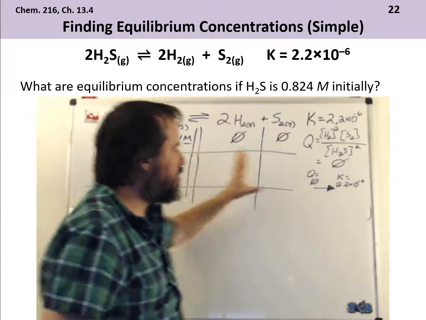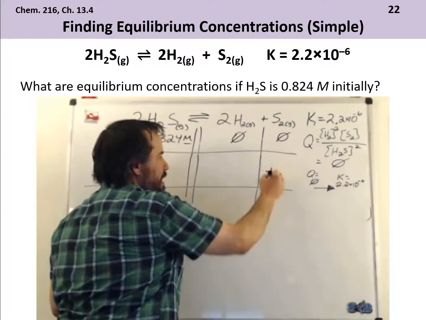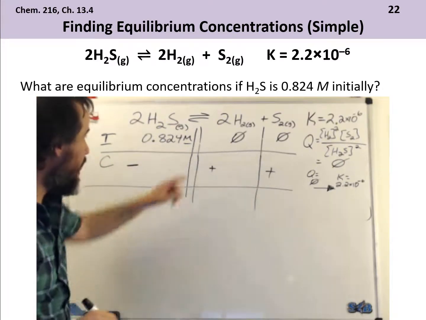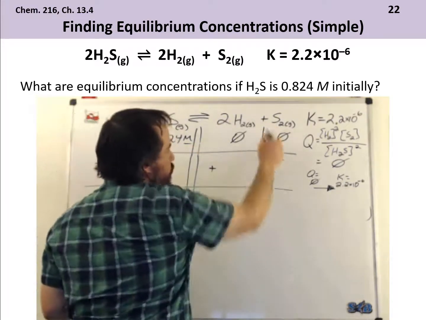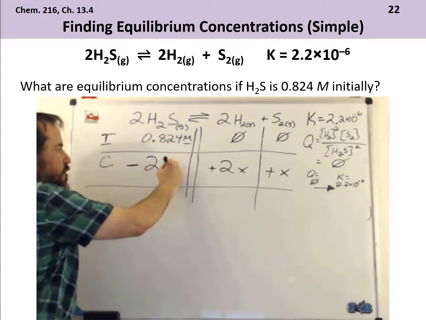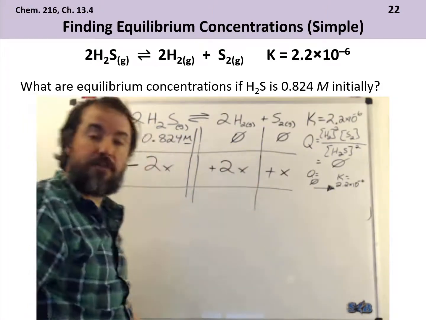So if I'm shifting towards the right, that means I'm increasing these, and I'm decreasing this. Then I go ahead and I say, this will just be plus x, this will be plus 2x, this will be minus 2x, okay? That's based on the stoichiometry.